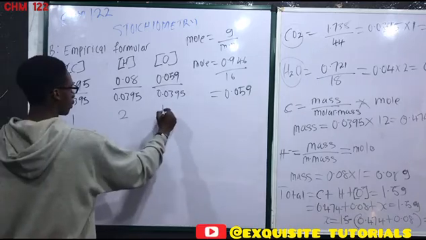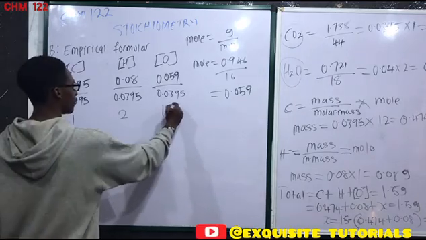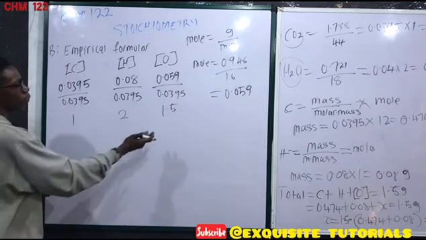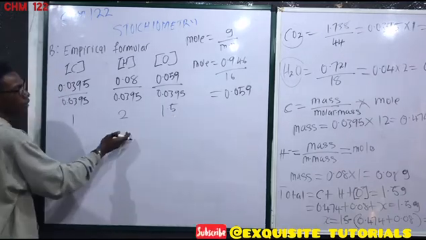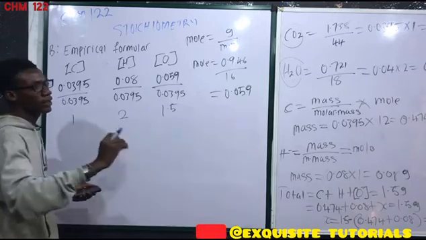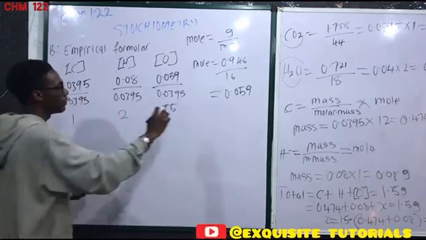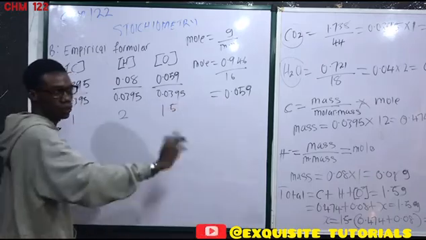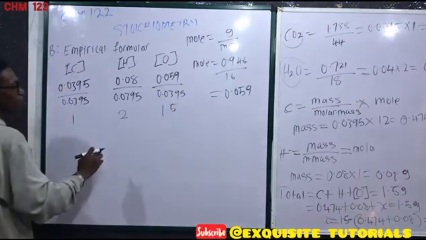Then here is 1.5. Now, in the empirical formula, they don't approximate directly. We have to find a value that, if it multiplies everything here, the decimal goes away.